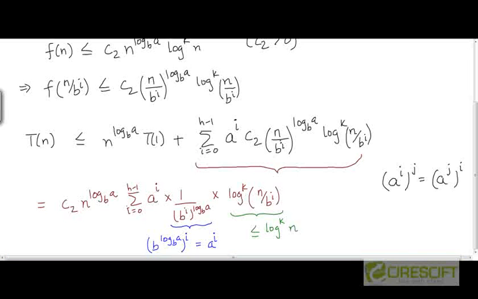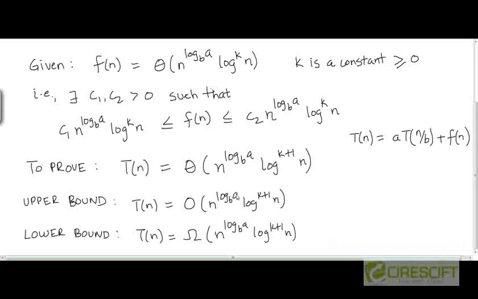Now, if you remember, we are trying to prove that t of n is bounded from above by some constant multiple of n to the power log base b of a times log to the power k plus 1 of n.